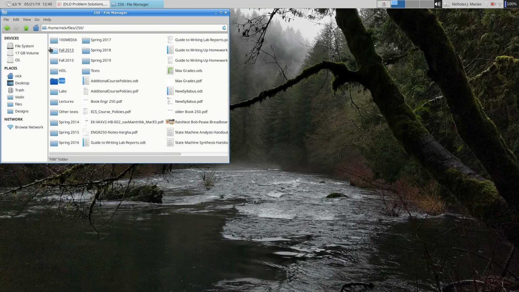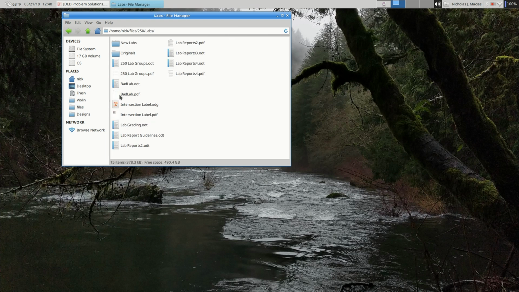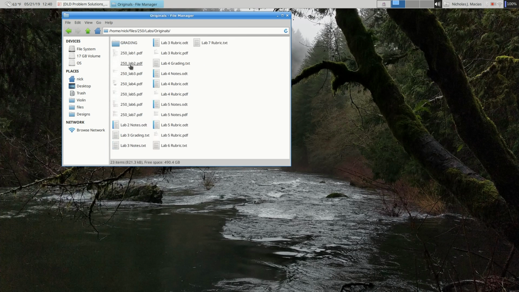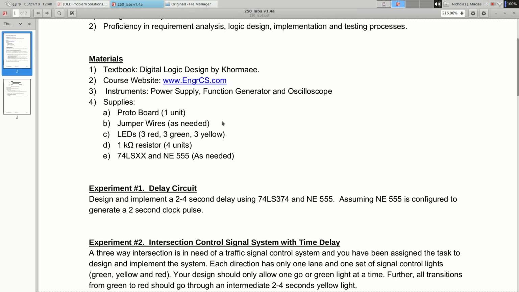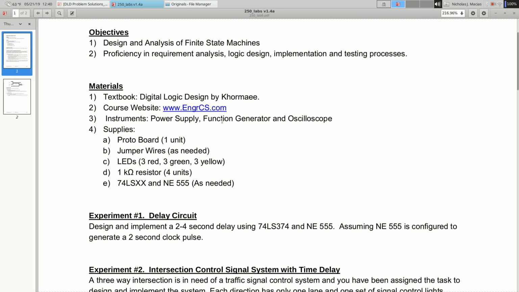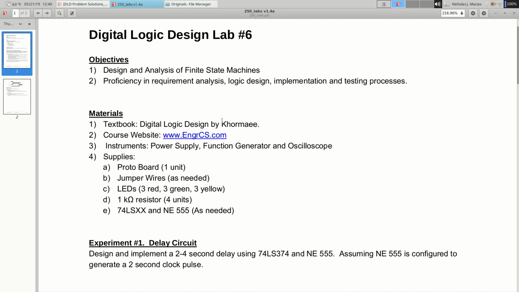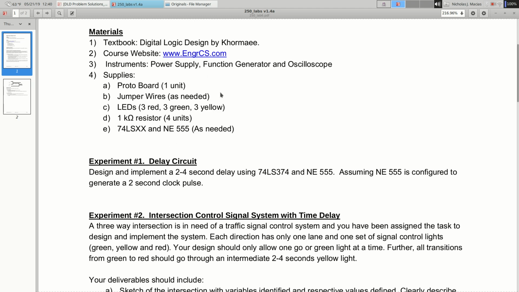All right, let's take a quick look at Lab 6. So Lab 6 is the final version of your traffic light system. So experiment 1, you're going to build a delay circuit, which we're going to talk about in a moment.